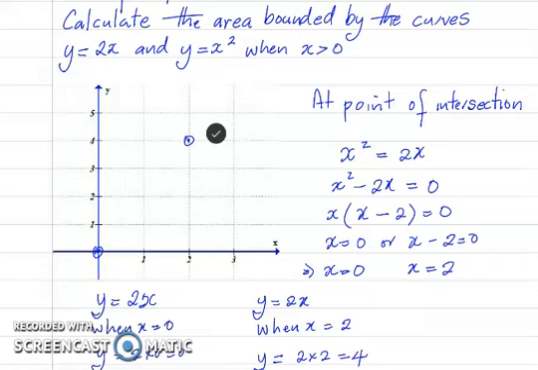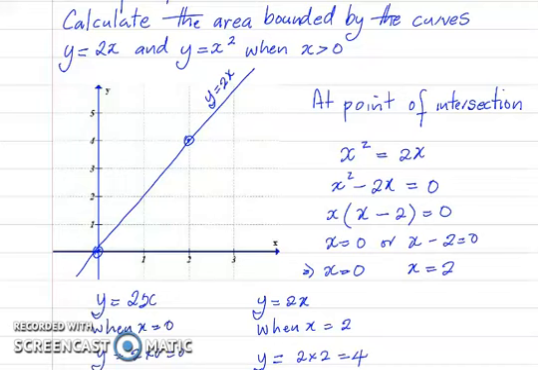Now only 2 points are needed to plot a straight line graph. Therefore, if I just line up these 2 points, and draw a straight line through them, this will be the graph of y is equal to 2x. We should have known this, or we at least knew that the graph was going to look like this.